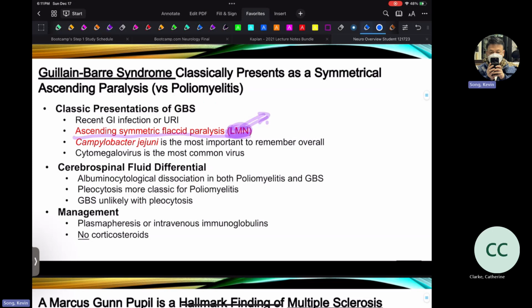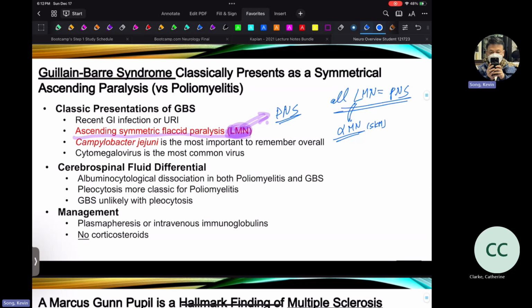What do you mean by low motor neuron? It means it's PNS. Upper motor neuron is not PNS. All low motor neurons have to be PNS. Another name for low motor neuron is alpha motor neuron, in terms of the skeletal muscle. It's the same as low motor neuron.